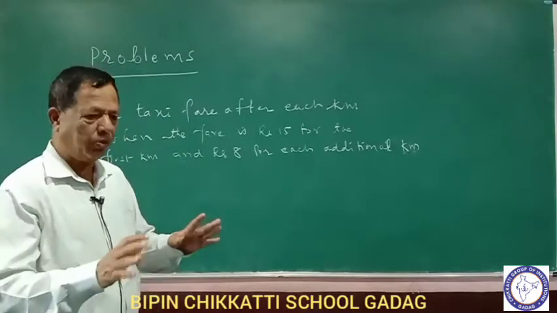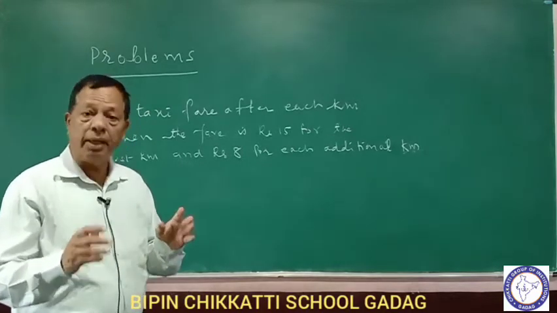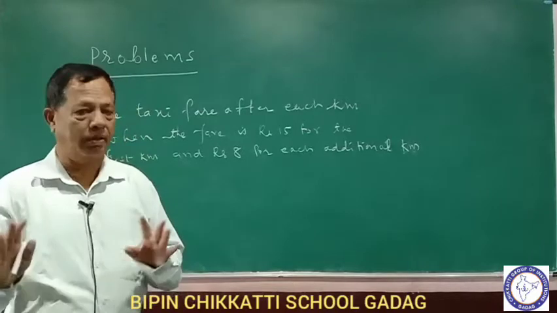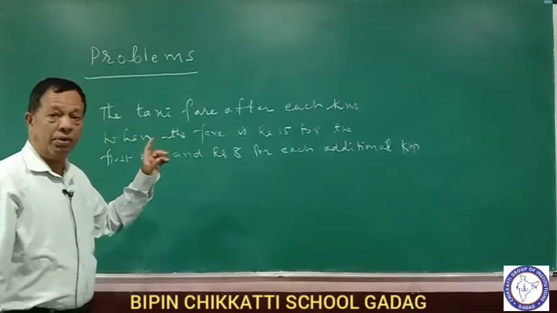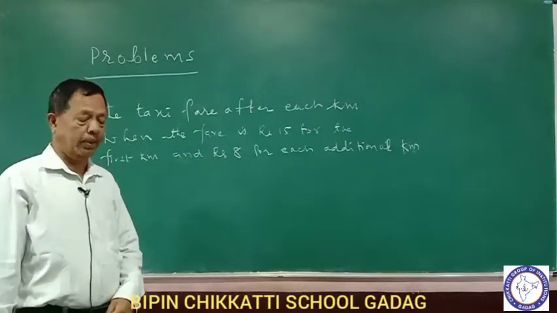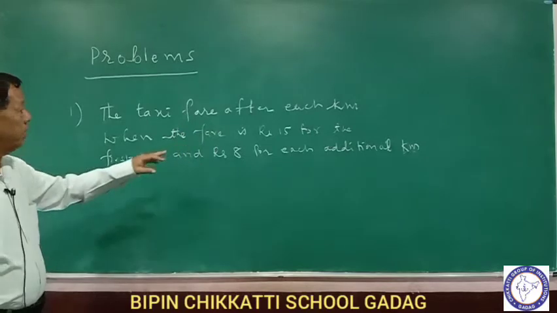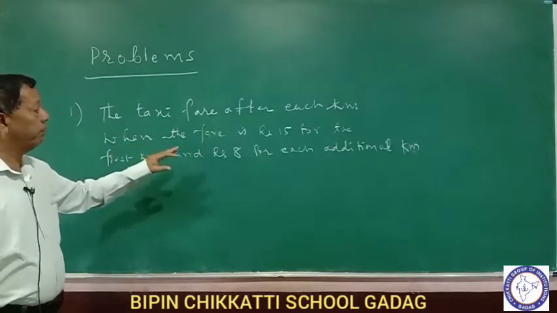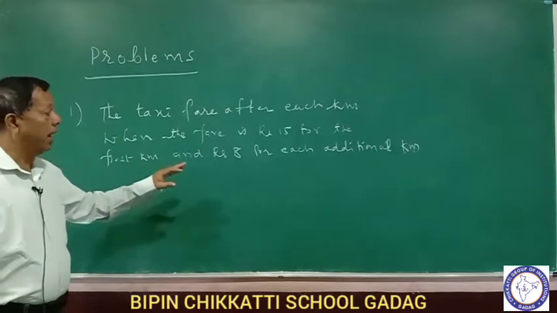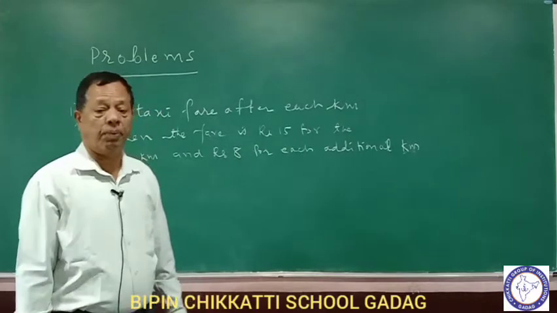The only question is, you have to see whether the list of numbers given is an AP or not. So out of these, look at the first, whether this is an AP or not. Look at this: the taxi fare after each kilometer, when the fare is 15 for the first kilometer and Rs 8 for each additional kilometer.